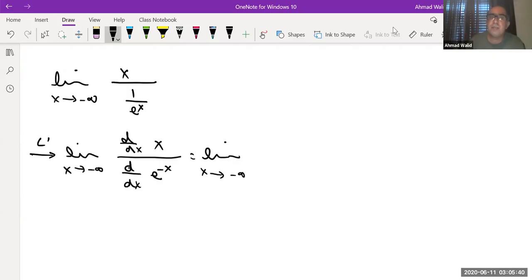You have to keep this notation. You can remove the limit sign only when you plug in the number, only in that step, correct? Now, d/dx of x is 1. d/dx of e to the -x gives you -e to the -x.